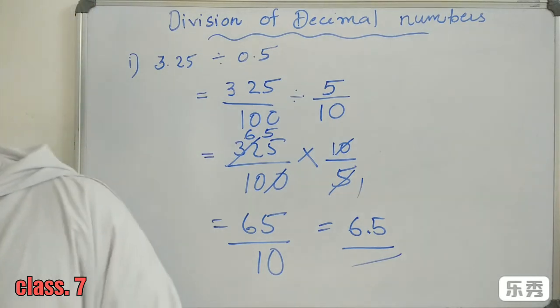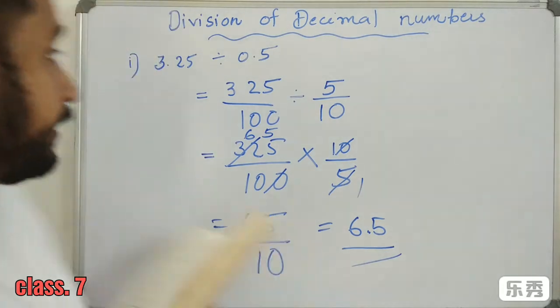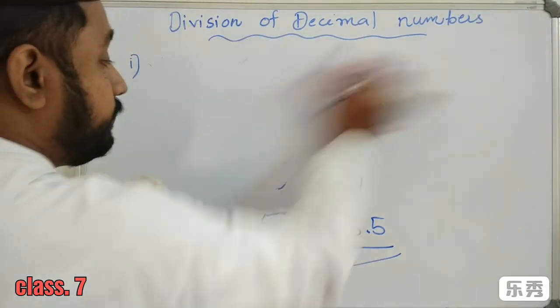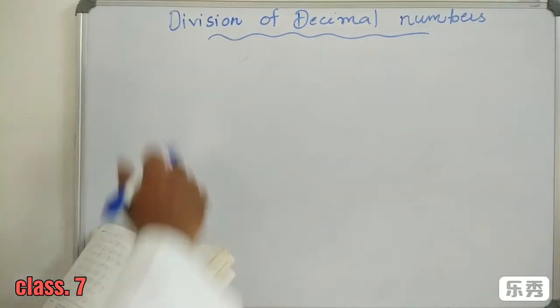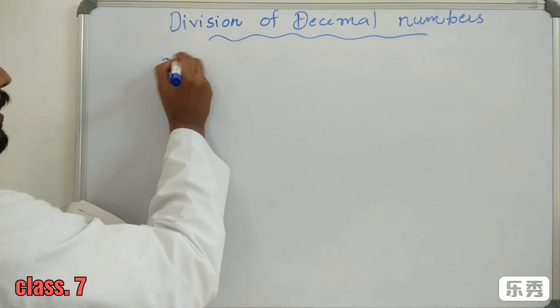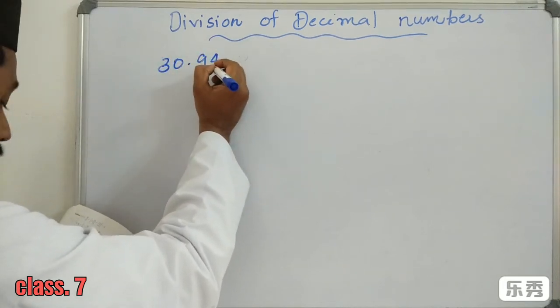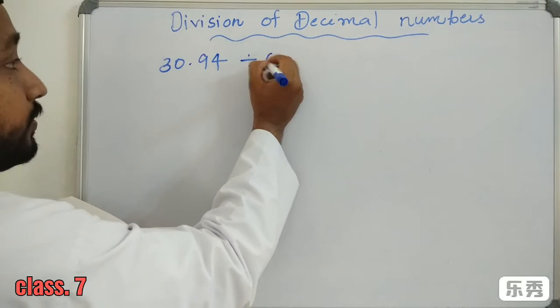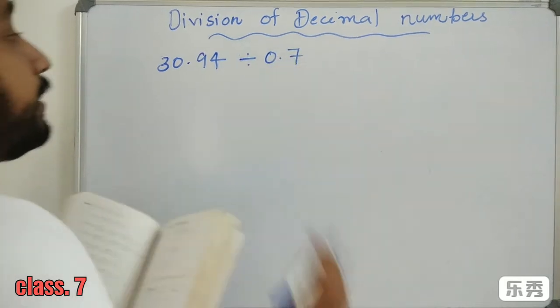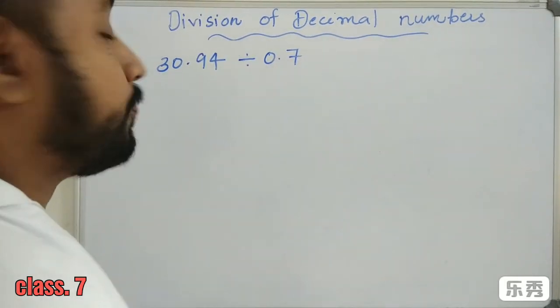Another question, second question: 30.94 divided by 0.7.